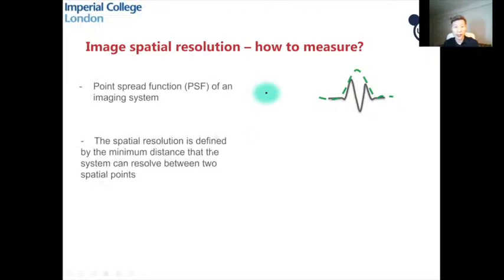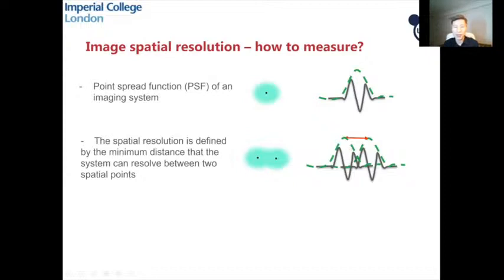The image resolution, actually the spatial resolution, is defined by the minimum distance that the system can resolve between two spatial points. If you look at, for example, in here, you have two small points, and you have the image of them, and when they are getting closer and closer, you can see at some point you won't be able to see there are two points within the image.